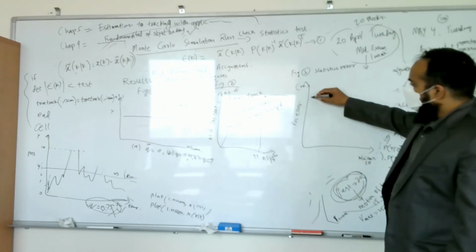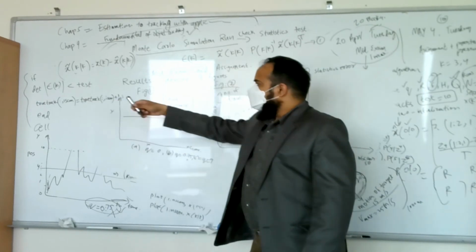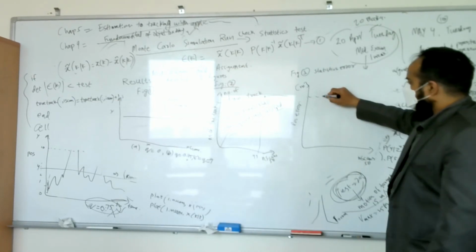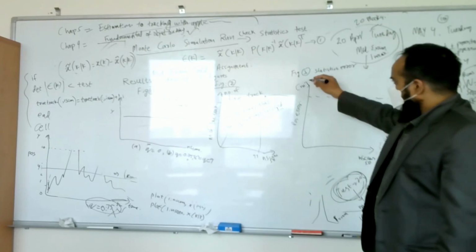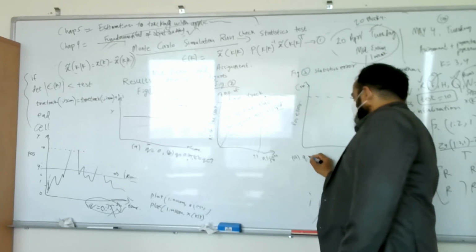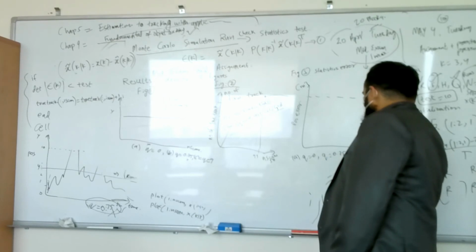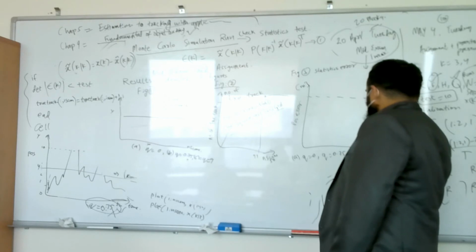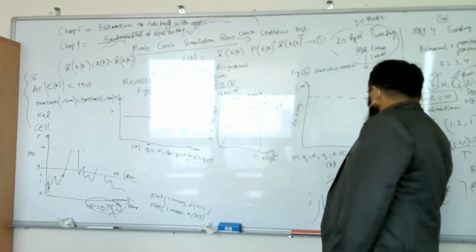For the chi-square, check for 3 values: Q equals 0, Q equals 0.75, and Q equals 9, A, B, C.